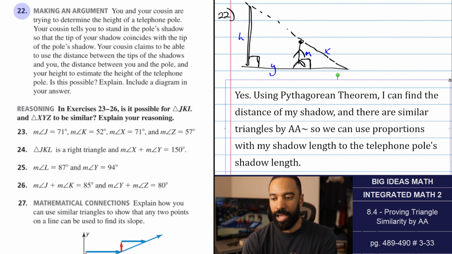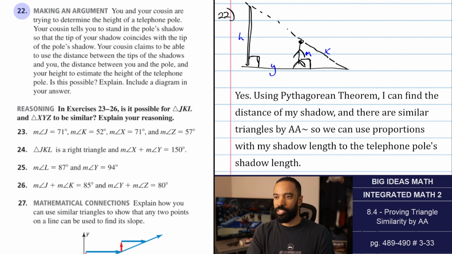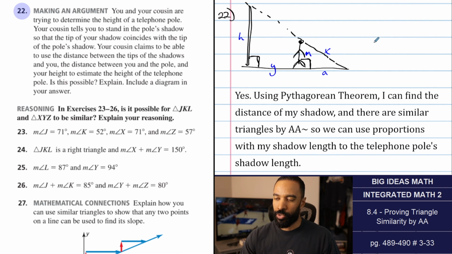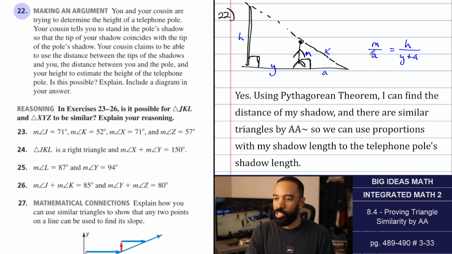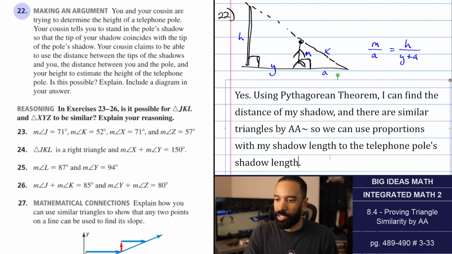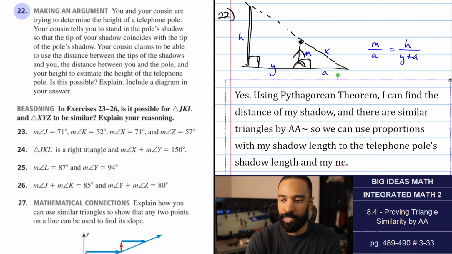Let's say my shadow length is A. I'm going to be able to do something like M, my height, is to A, my shadow length, as H, the telephone pole, is to the telephone pole shadow length, Y plus A. So I can use my shadow length to the telephone pole shadow length, and my height to find the telephone pole's height.